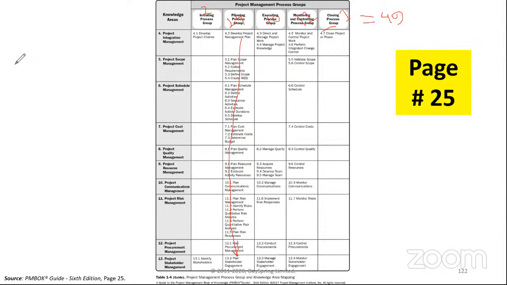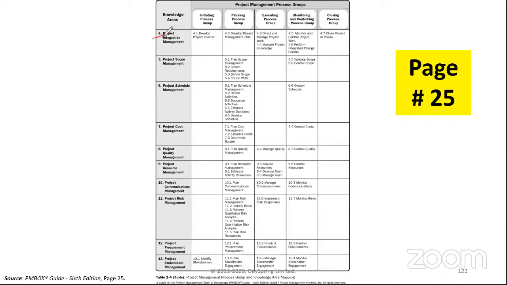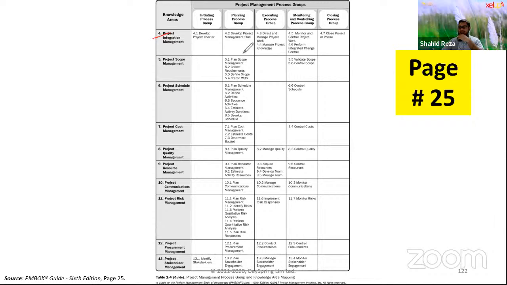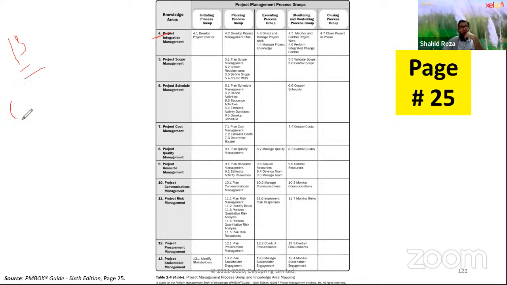Yes, sir. In PMBOK, have you seen the numbering? Generally in a table we start with 1, 2, 3, 4. But here the numbering started with number 4. Why? Yes, because of chapter 4. In the first class I mentioned there are 13 chapters, and the first 3 chapters are just introductory or fundamental conceptual chapters.